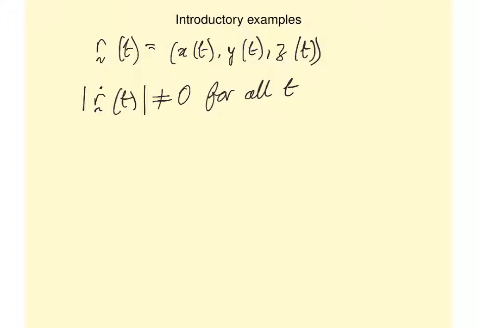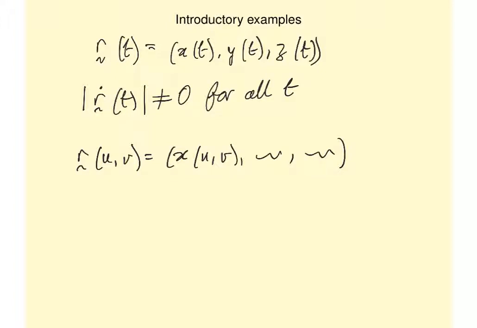And then think about surfaces, or a surface patch. X, y, and z, functions of u and v. Again, everything's smooth. Partial derivatives all exist and are continuous. But that's not enough.